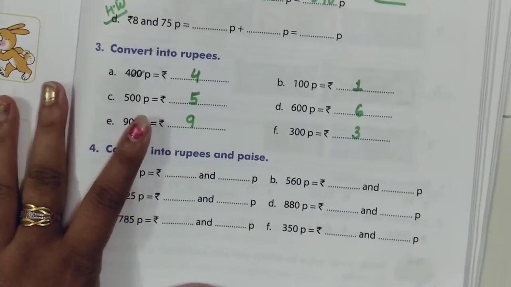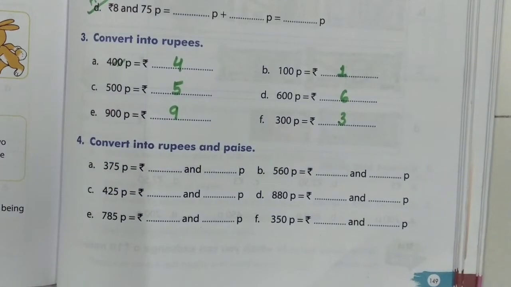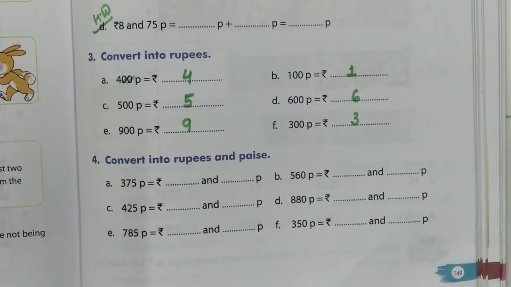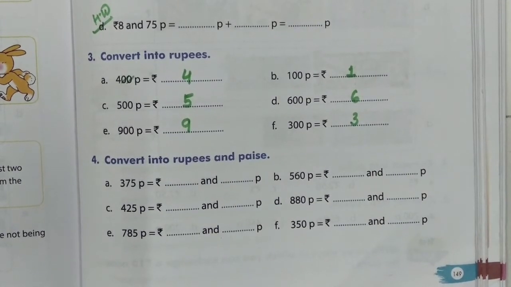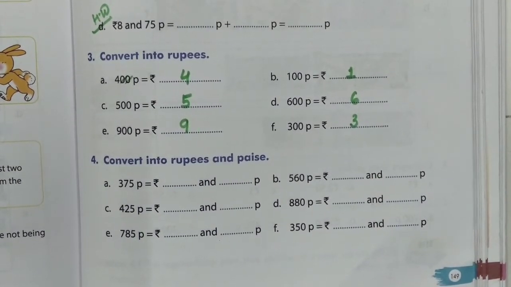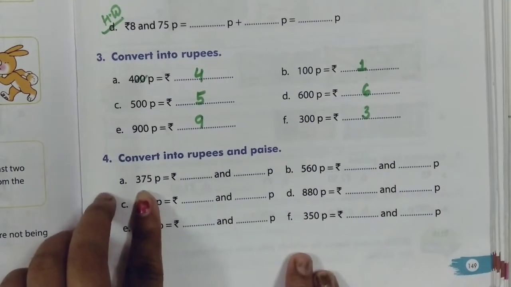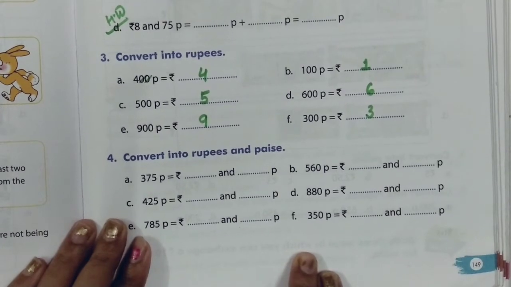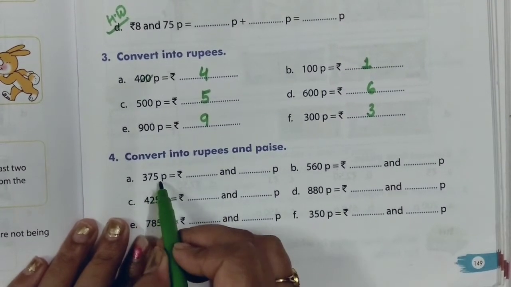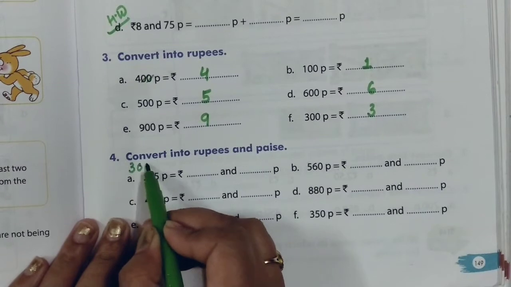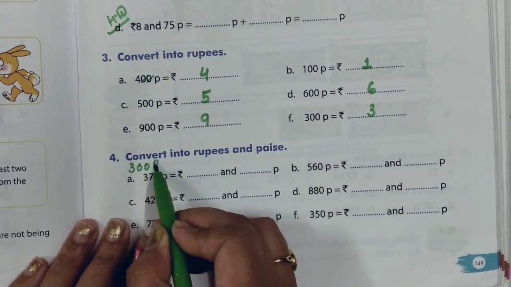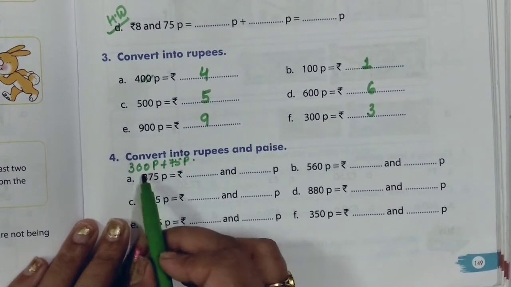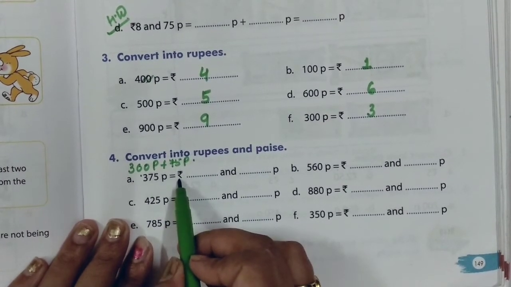Now come to the exercise. Question number 4, convert into rupees and paisa. Children, you have to write it directly. 375 paisa means 300 paisa plus 75 paisa. 300 paisa is equal to how many rupees?